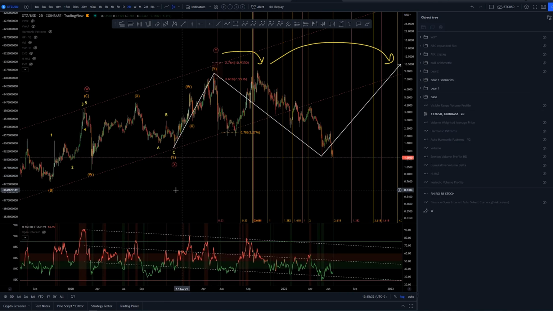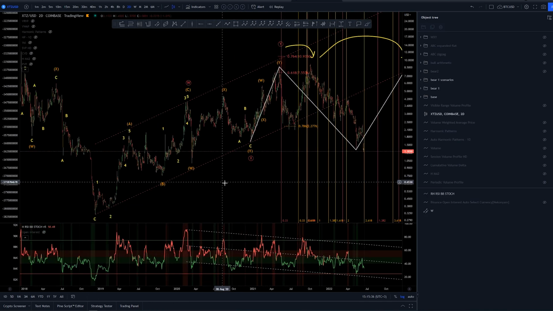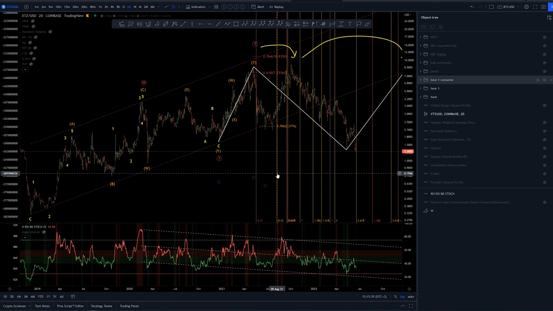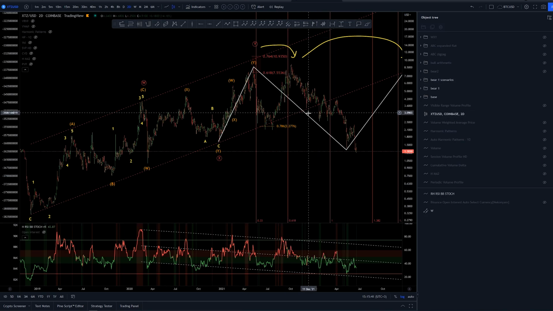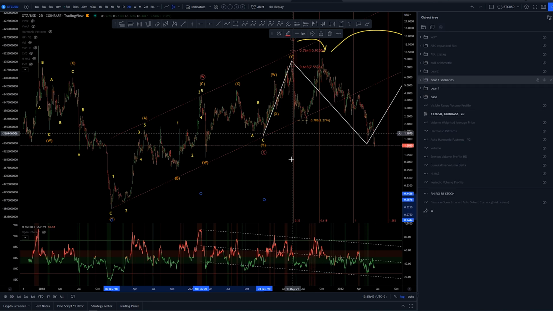Now we have a couple of different scenarios, so let me explain this whole structure here. Let me hide some of these so we can actually see what we're looking at. Starting from this one, let's take a look at these vertical lines here.